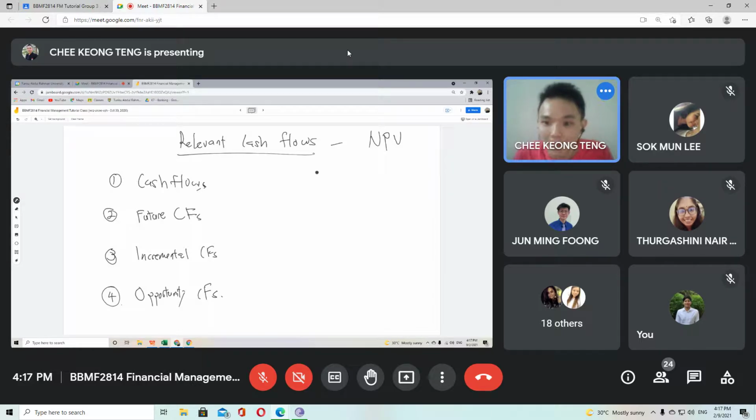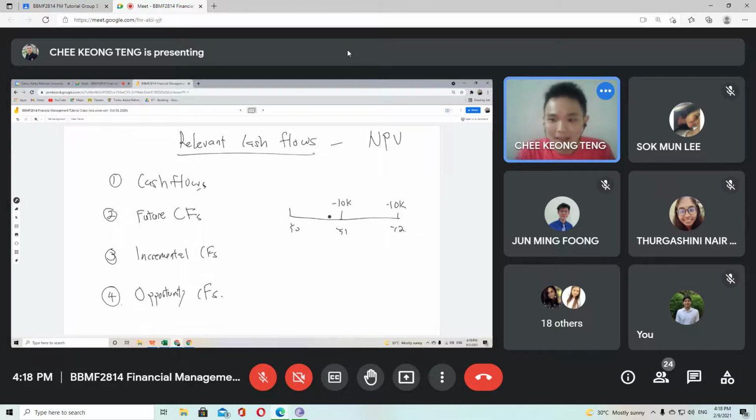For an example, I think I've given you this example. Usually the question will tell you something like, the company has already signed a tenancy agreement to rent a factory, which every year is going to pay 10,000 at the end of the year for the next 2 years, and the contract is non-cancelable. It means the company has already signed the contract to rent a factory, let's say for R&D or manufacturing process.